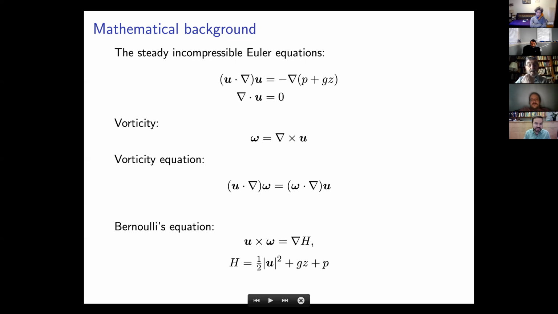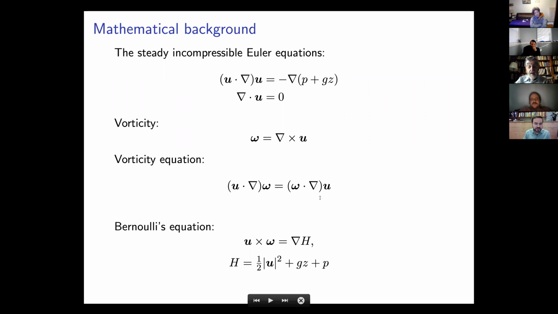Sam talked a little bit about vorticity last time, and in contrast to last week, in 3 dimensions the vorticity is a vector, not a scalar. In the vorticity equation, even if the density is constant, you don't have 0 on the right-hand side. So in general, the vorticity is not constant along streamlines.